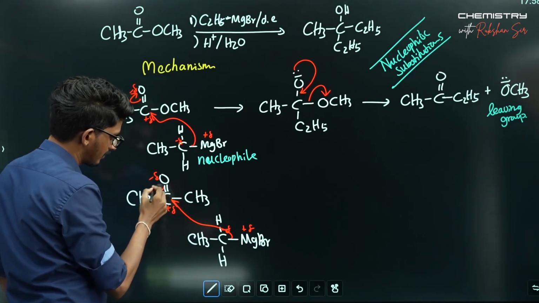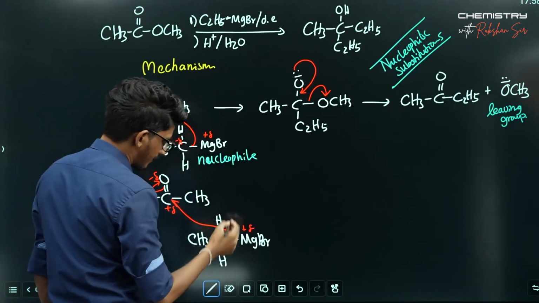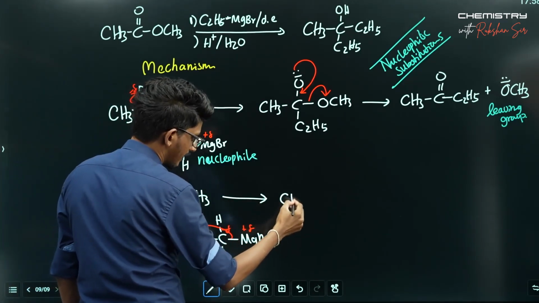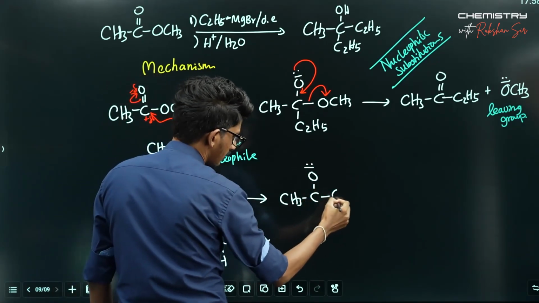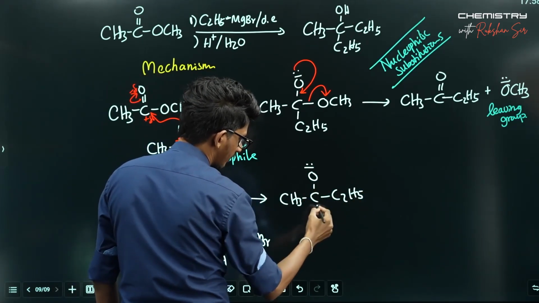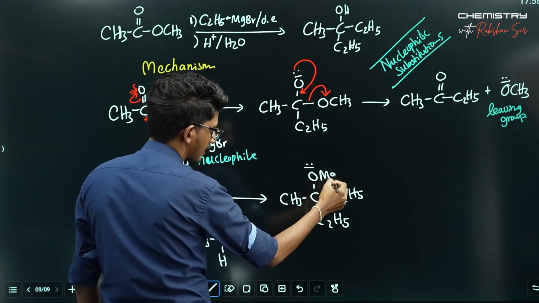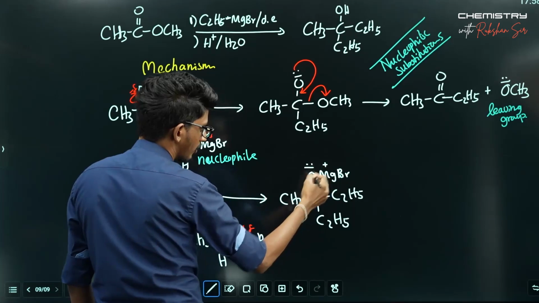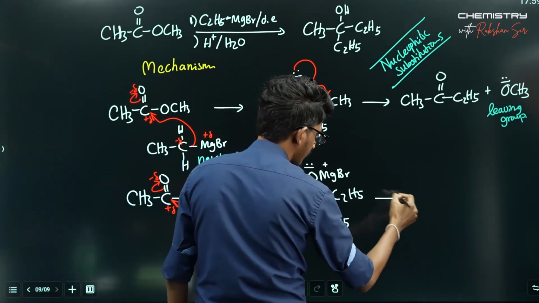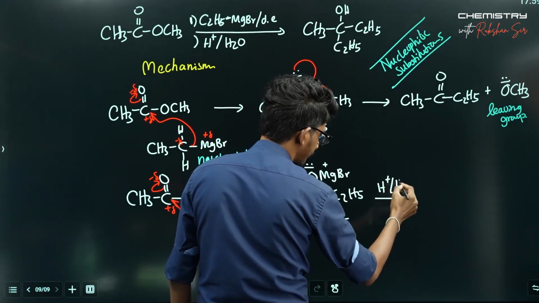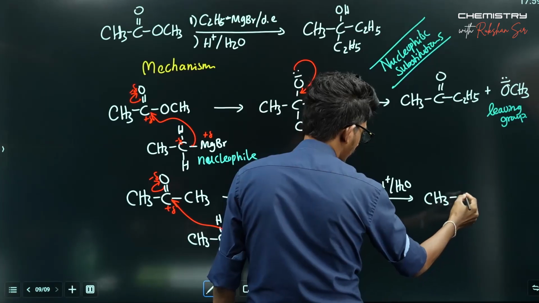This is again the same as the mechanism of Grignard with the ketones. First you will produce this compound with the MgBr part appearing with an ionic bond to the oxygen. Then when you are adding H plus H2O, that alkoxide will convert to alcohol.